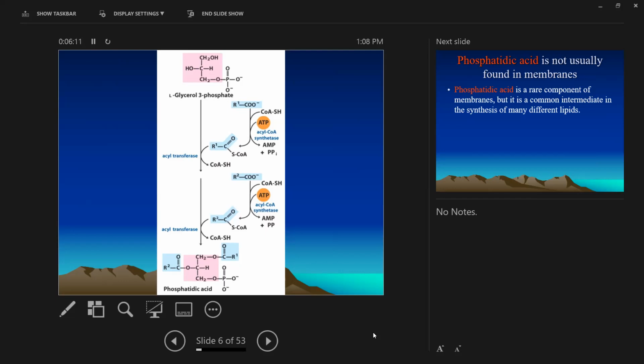They start here first usually. You start at the number 1 position, then you go to number 2, and now you have phosphatidic acid. There is a little bit of phosphatidic acid in membranes. Not very much, but a little.